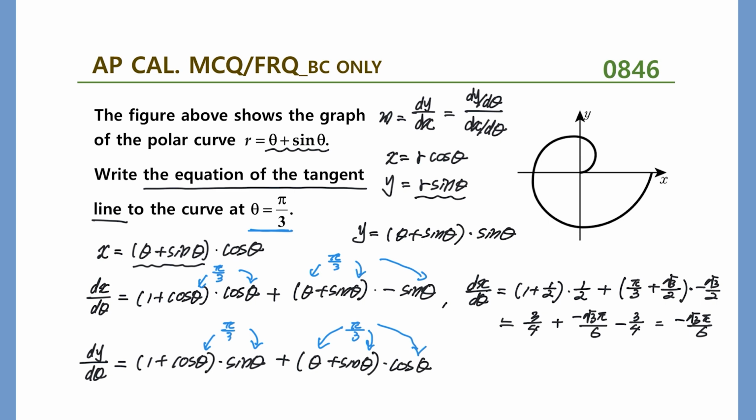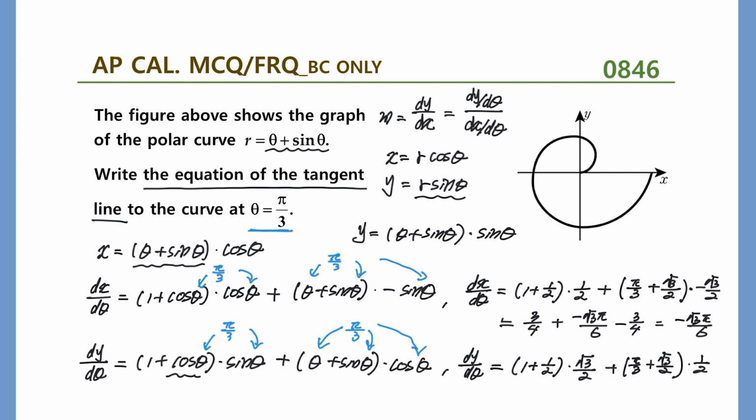Then dy over d theta is equal to cosine pi over 3, that's 1/2, so 1 over 1/2 times sine pi over 3, root 3 over 2, plus pi over 3, plus root 3 over 2 times cosine pi over 3, which is 1/2.